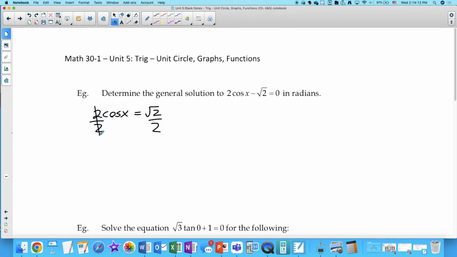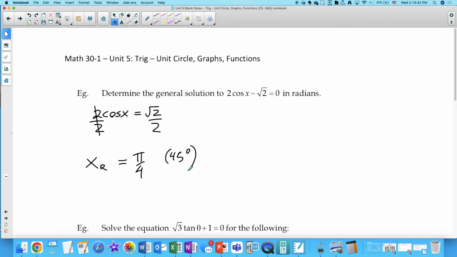And we have that the cosine of x equals root 2 over 2. Okay, so that's a 45-degree angle. Yes, that's the reference angle. But 45 degrees is pi by 4 radians, right? So we want this in radians. The reference angle is pi by 4 radians, which is 45 degrees. Not 450, 45 degrees.